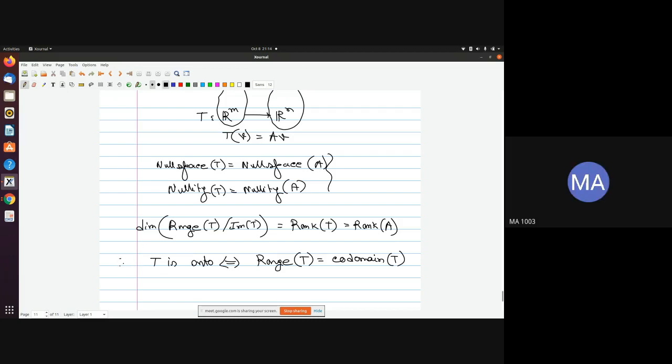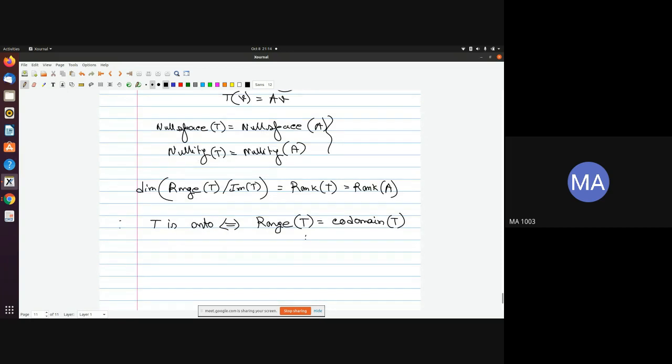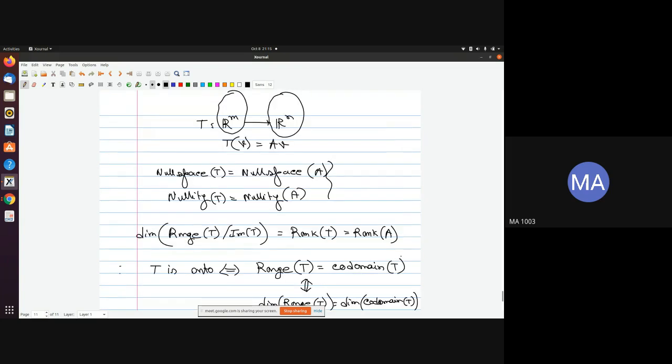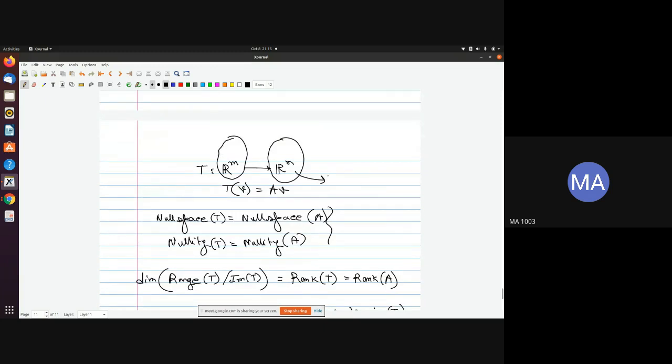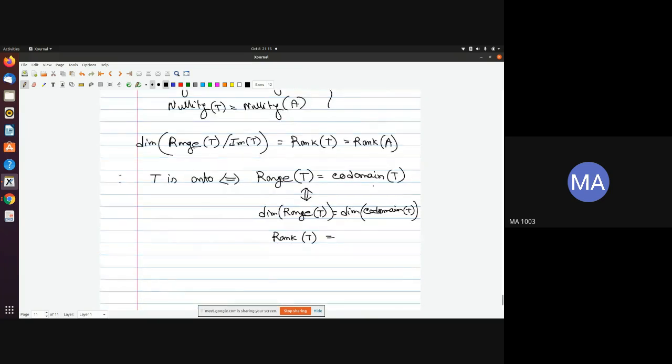So the dimension of both sides should be the same: the dimension of the range, which is the rank, and the dimension of the codomain, which here is Rn, so it is n. So this is the picture.